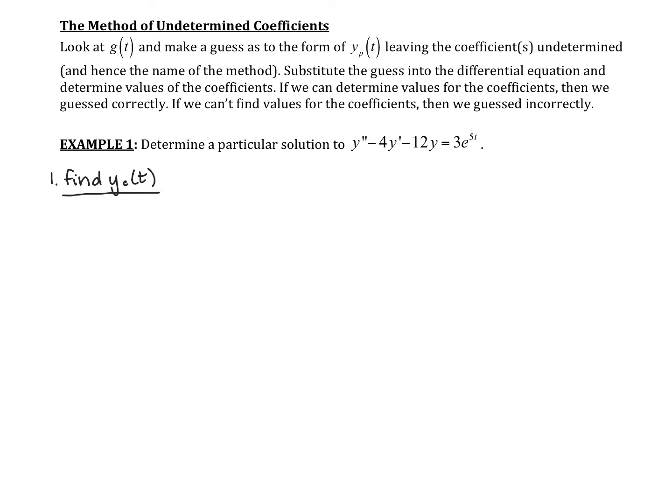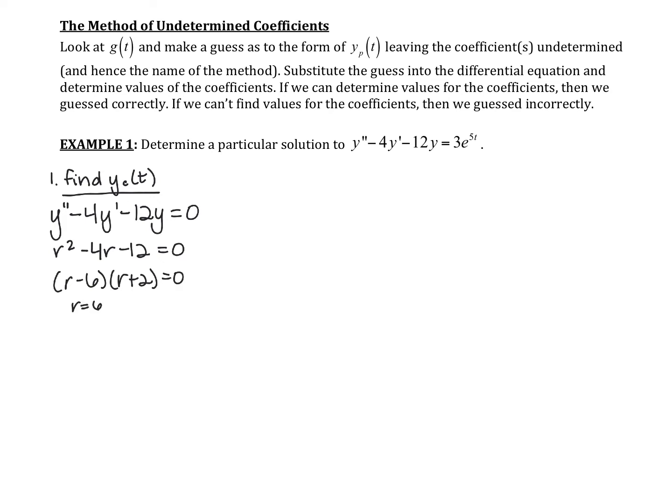All right. So to find my complementary solution, the first thing that I want to do is set up the homogeneous equation. This should look like what we've been seeing so far. So what do I do with this? Find your R's. So my characteristic equation is R squared minus 4R minus 12, which means I get R minus 6 times R plus 2, which means R is 6 and negative 2.